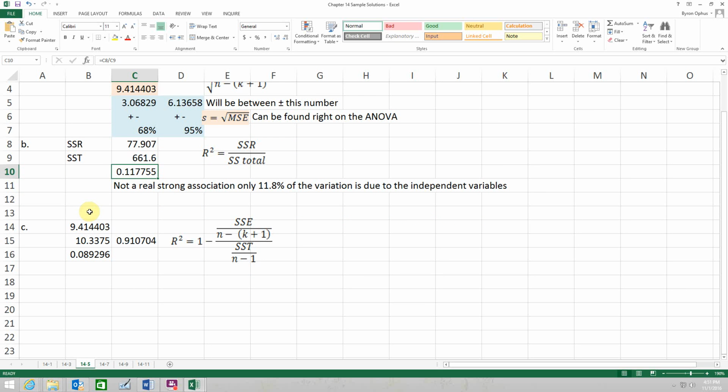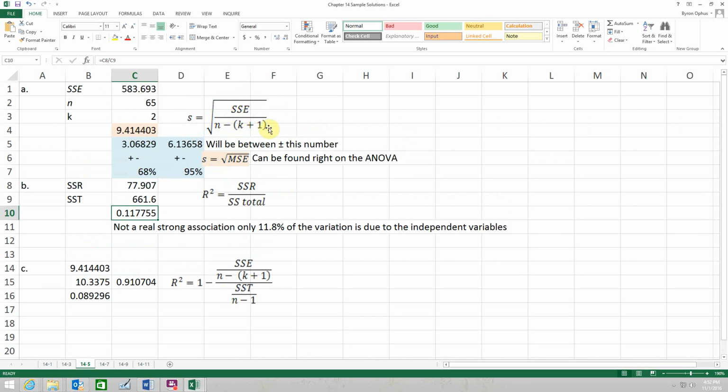On the bottom, C says determine the coefficient of multiple determination adjusted for the degrees of freedom. We don't spend a ton of time on this one, but you can go back and read about it and see the equation, starting on the bottom of 485 and 486. The R-squared in this case is equal to 1 minus this part, which was the part underneath the square root, which I already have.